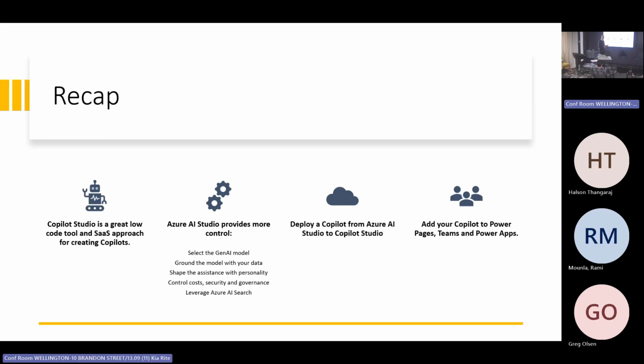And then they can tweak it and put some prompts around that. And from there, deploy it out to Teams or to this portal site that I just did. So just to recap then, Copilot Studio is a great low-code approach. If you want control, Azure AI Studio is where you want to be. Deploy a Copilot from AI Studio to Copilot Studio, and you can add that to other applications.